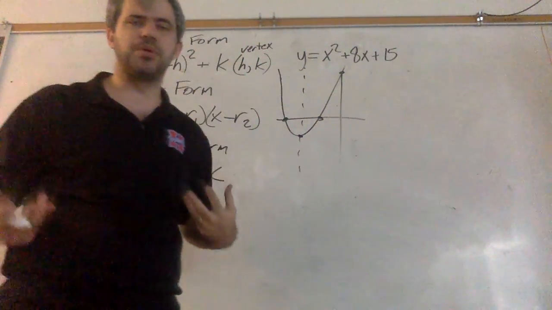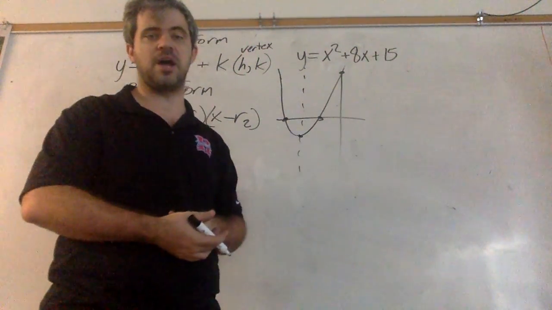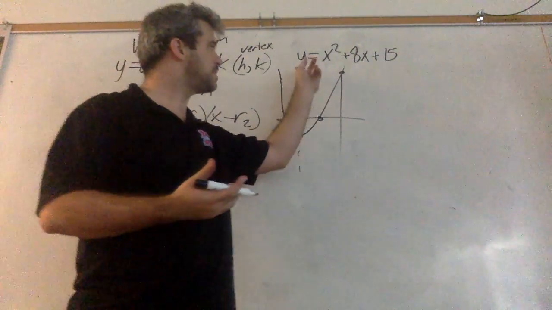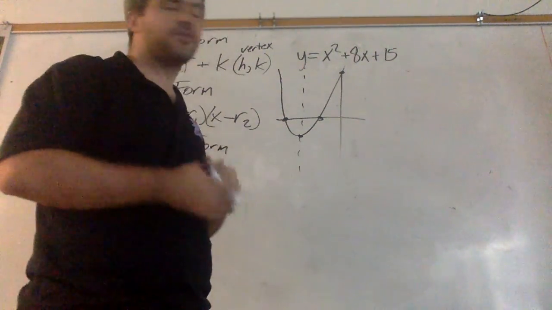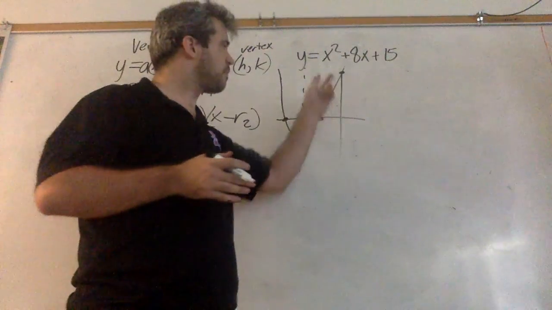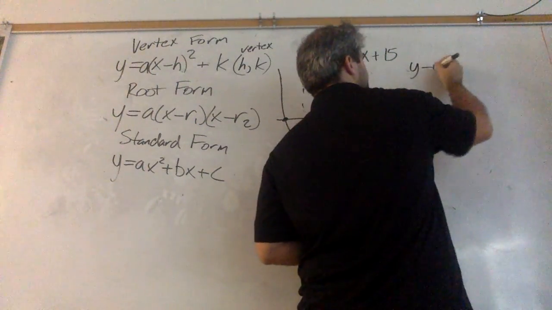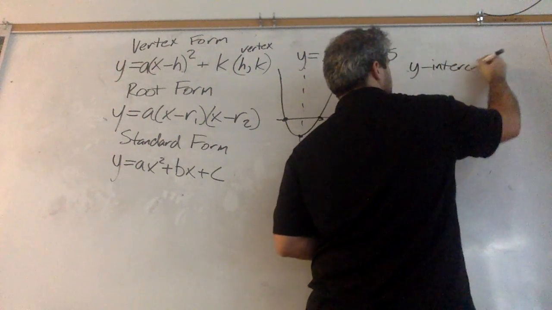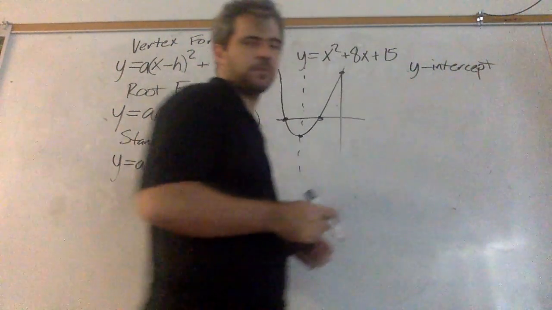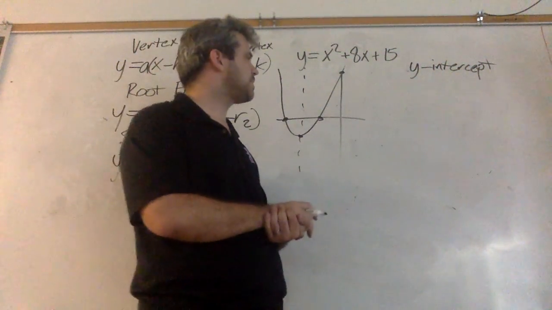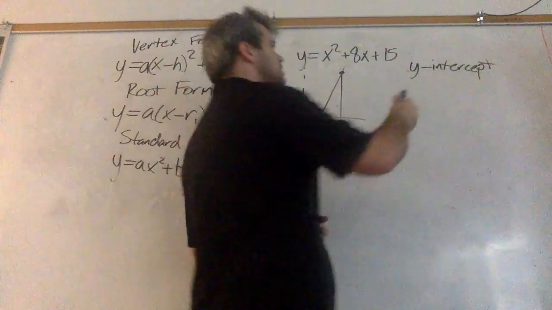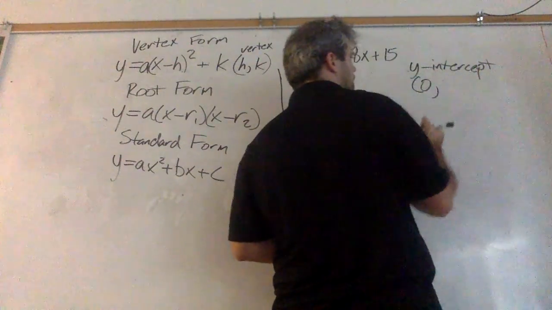So let's see if we can pull some information from this equation right here. Now the first really easy piece of information from standard form is our y-intercept. We can find the y-intercept really easily because that's 0, comma, whatever.